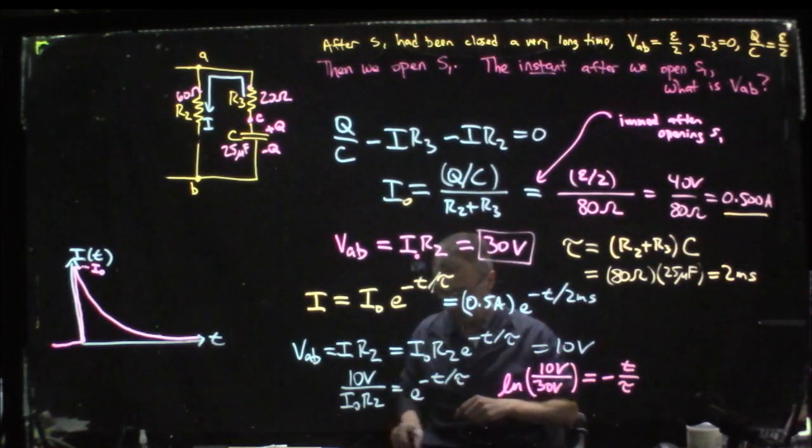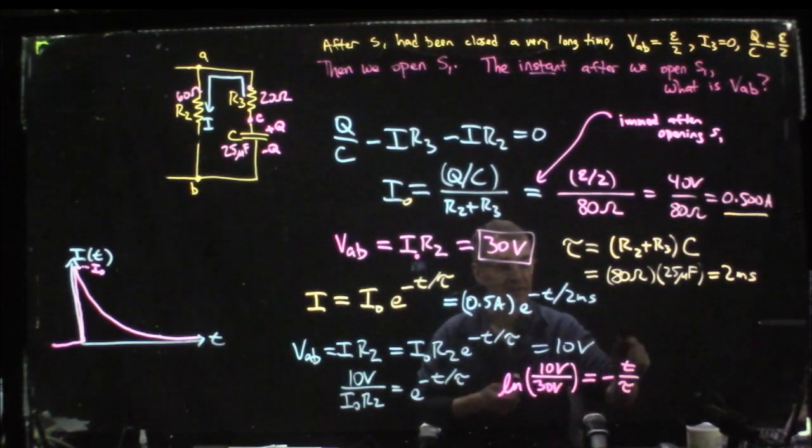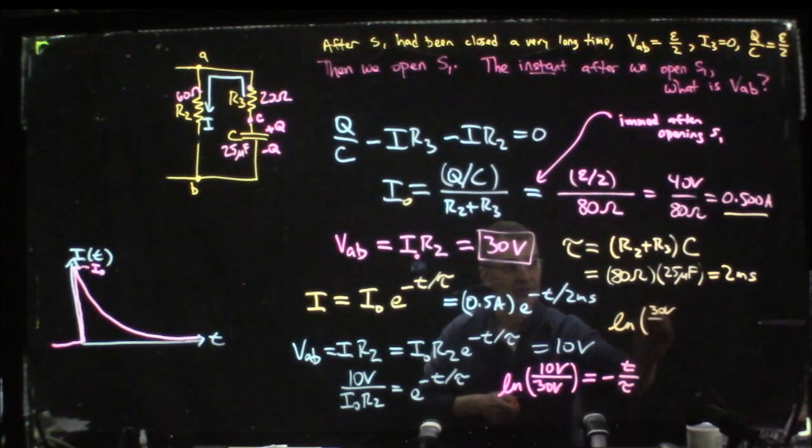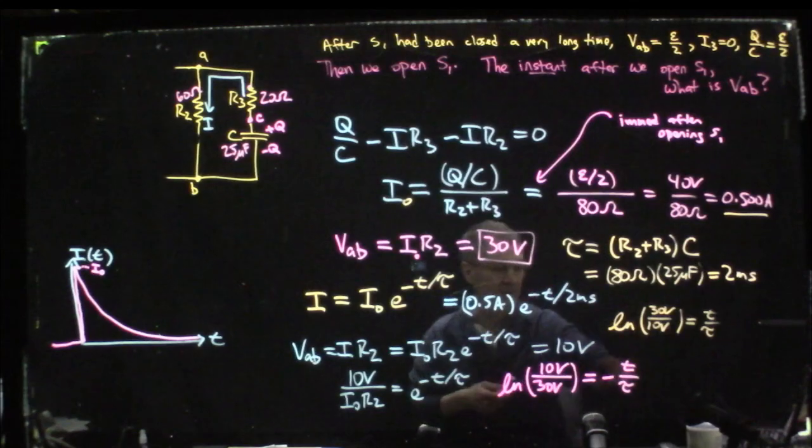We could do one more intermediate step, and that means that the logarithm of 30 volts over 10 volts is plus t over time constant, because you change the sign of the logarithm.